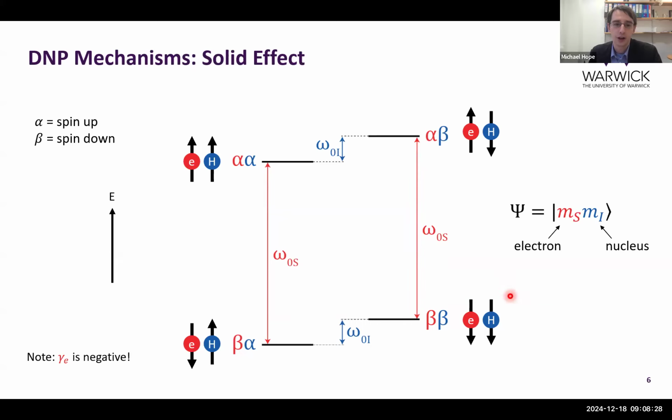Here, the lower levels have the electron spin down, and the upper levels have the electron spin up. The left-hand levels have the nuclear spin up, and the right-hand levels have the nuclear spin down. That results in the big splitting by the electron Larmor frequency, and then this smaller splitting by the nuclear Larmor frequency.